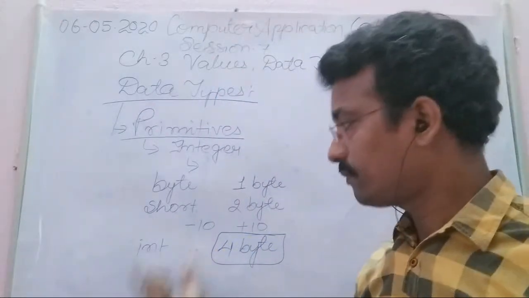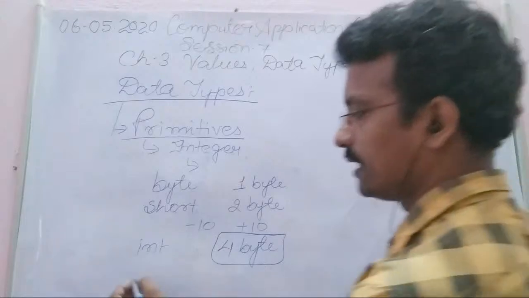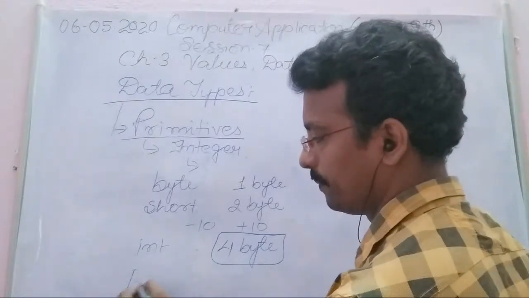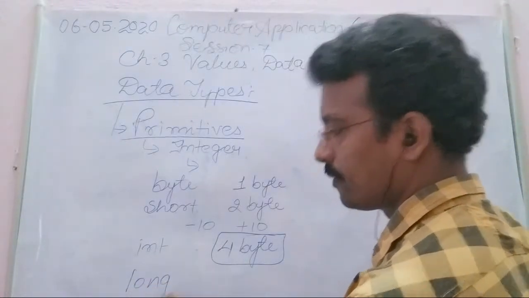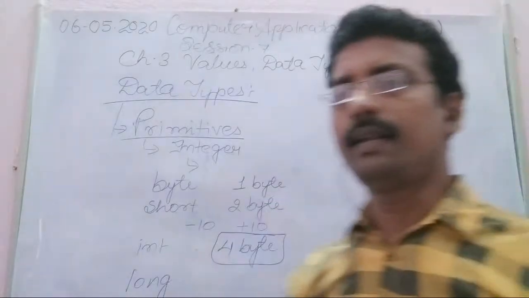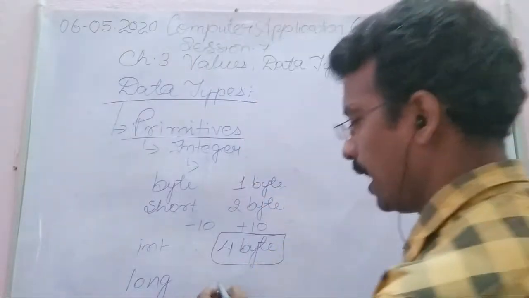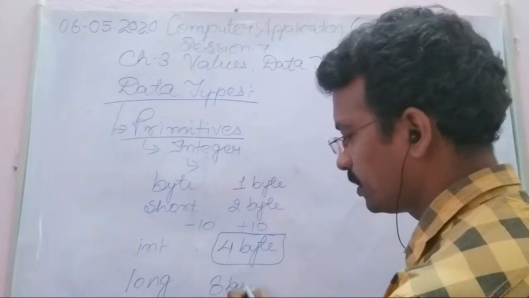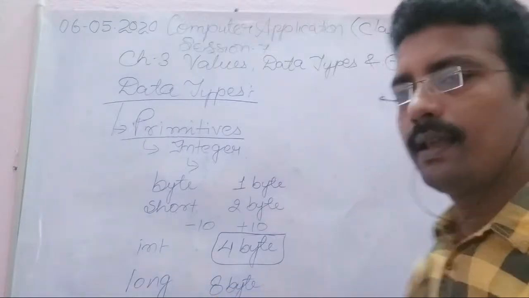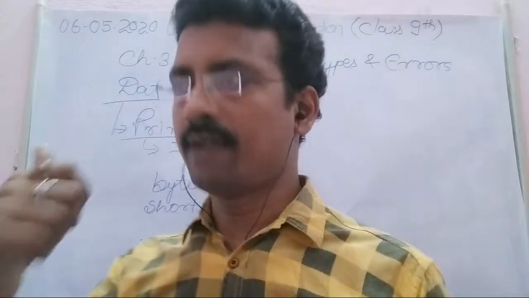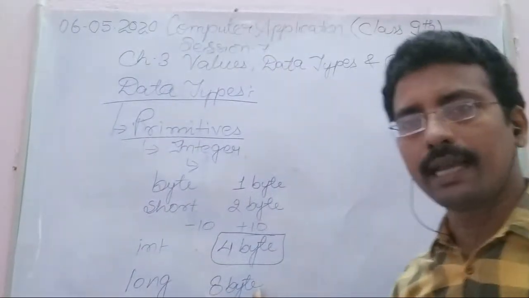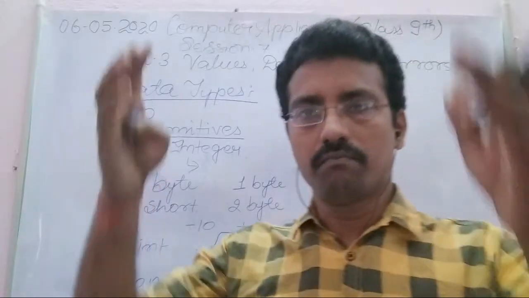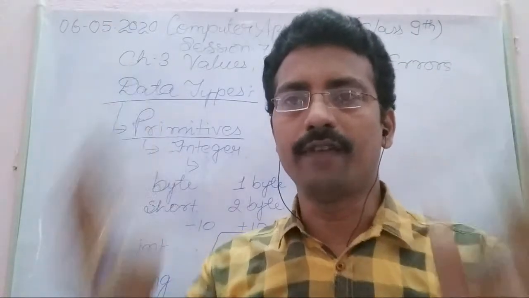Next, in this integer category, the last subcategory is long. Long is the data type that uses 8 bytes of memory space in the Java environment, and these 8 bytes can contain a bigger range of values.